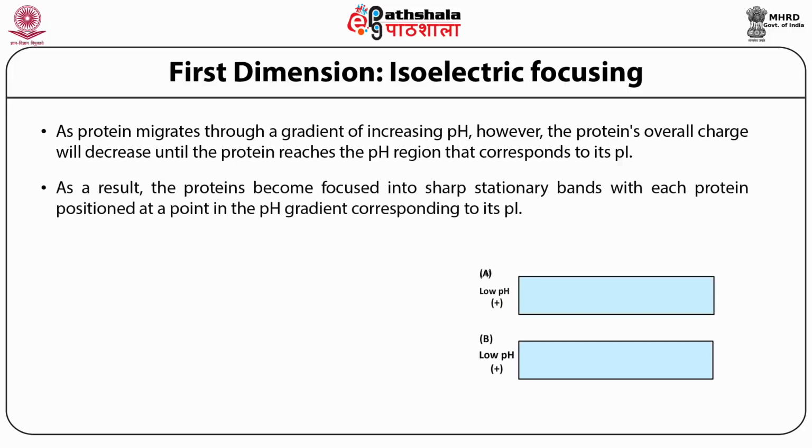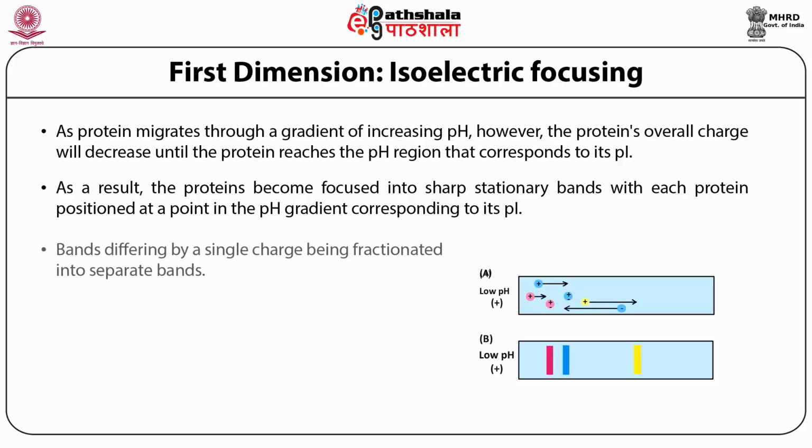Therefore, the proteins will tend to focus into sharp stationary bands and will be positioned at a point in the pH gradient corresponding to their pI. Proteins that differ even by a single charge will be fractionated and separated into bands on the IPG strip as shown in the figure below.